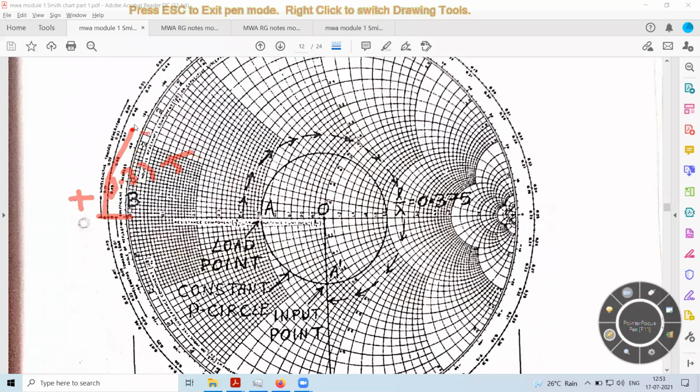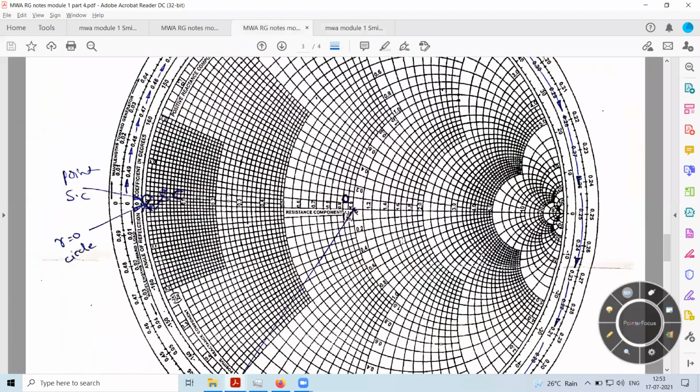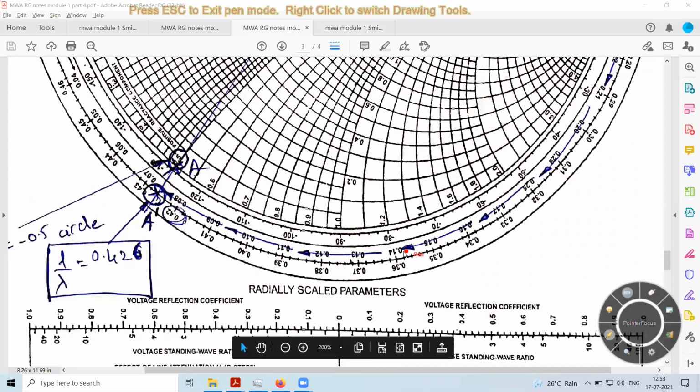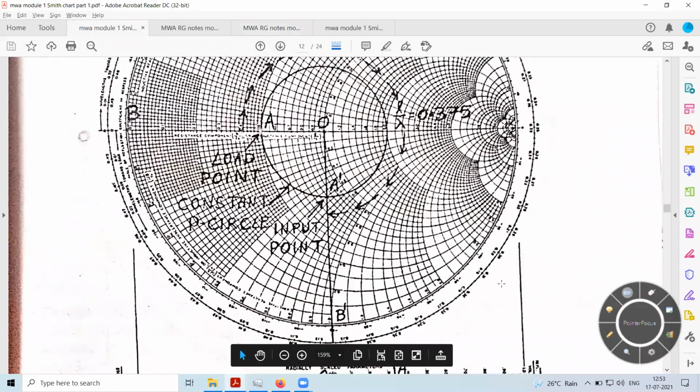So where is that value falling? If I move in the clockwise direction, I have to make use of the upper scale. So 0.375 is somewhere here. This point is being shown over here.